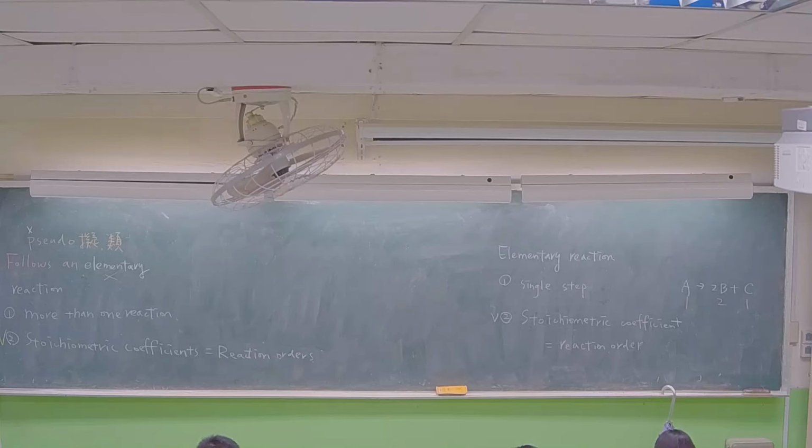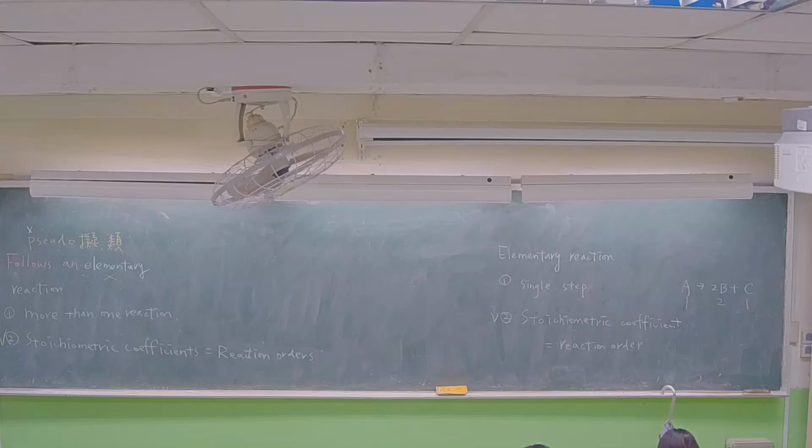Let's talk about the non-elementary rate laws. For non-elementary rate laws, it is necessary to do some experiments and find the rate law. The first kind is homogeneous reaction. Homogeneous reaction means a single phase.